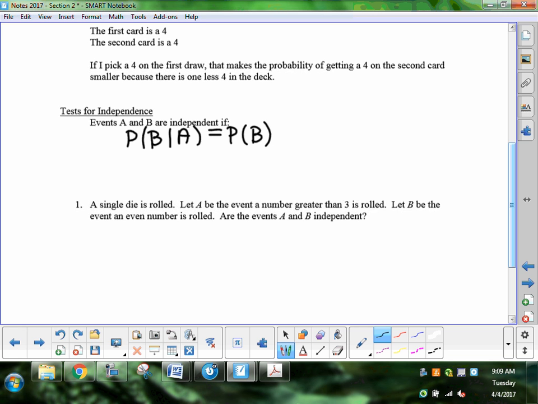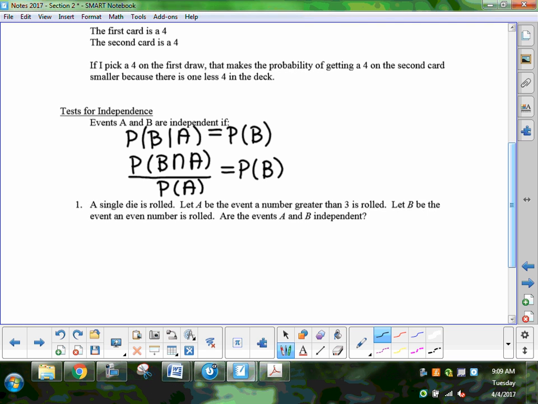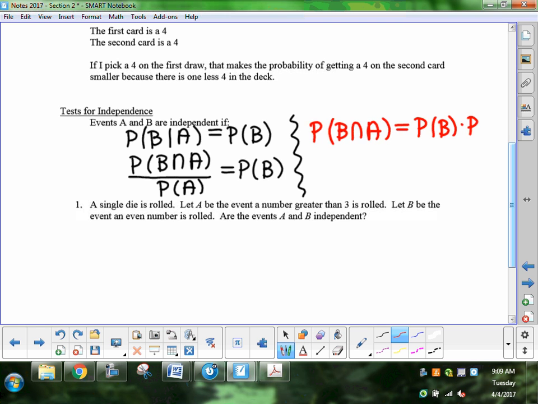What that would look like in practice is the probability of B and A over the probability of A is going to equal the probability of B. That's one way of trying to prove independence. The other way is to look and say the probability of B and A is equal to the probability of B times the probability of A. If that is true, you have independence.